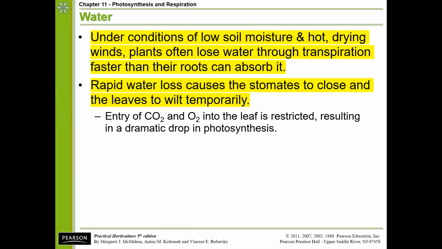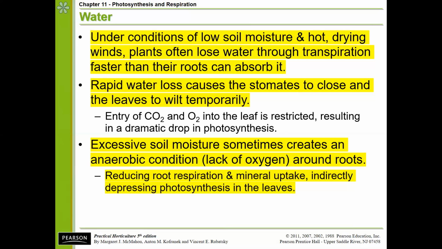That's caused by the closing of the stomata, where the plant is trying to prevent water loss from the leaves, which then causes CO2 and oxygen both to be restricted, which then dramatically reduces photosynthesis.